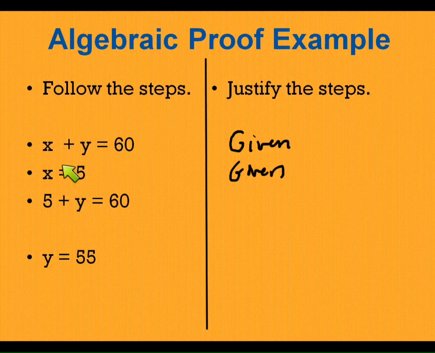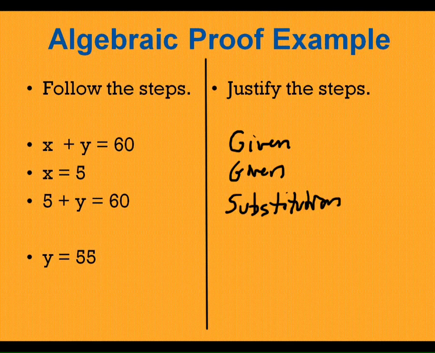Now, what did I do from this step to get to this step? Yeah, I substituted in x equals 5 for x. So the reason I got that step was by substitution. I'm just trying to solve this algebra problem, and now I just have to write reasons for everything I do.